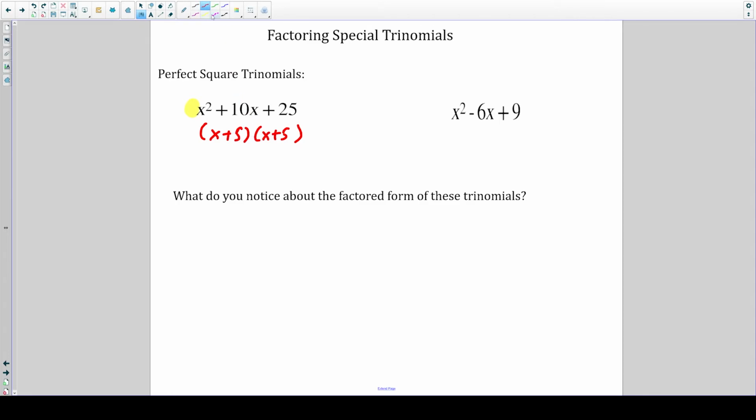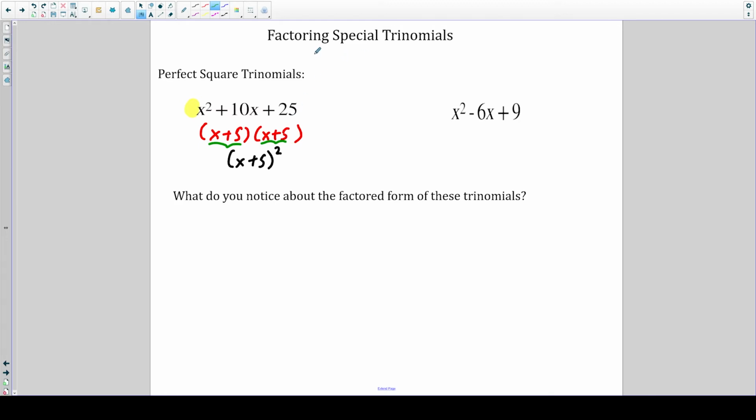So the first special characteristic of this type of trinomial is that both of the factors are exactly the same. Because they're exactly the same, we can rewrite this as x plus 5 all squared. Recall the reason why we're allowed to do this is because each of these factors, because they're the same, we can combine them.